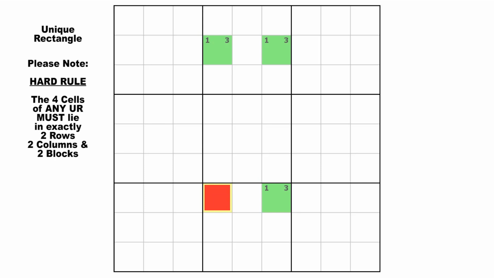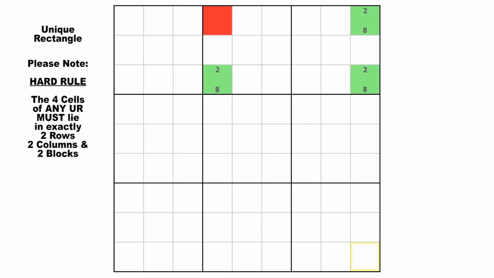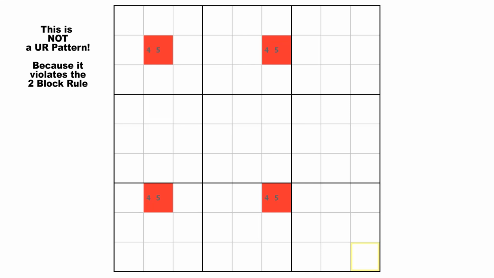In order to form the shape of a rectangle, they must, of course, lie in 2 rows and 2 columns. That's a no-brainer. Otherwise, the 4 cells would not form a rectangle. So it could look like this, like this, like this, or like this. And it can even look like this. But please note that it cannot look like this.